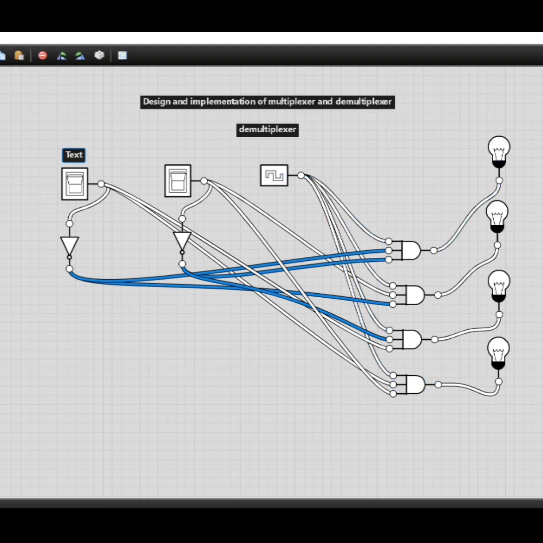Hence the connection is completed. Now we can verify it based upon the truth table and check whether the given connection is correct or not.